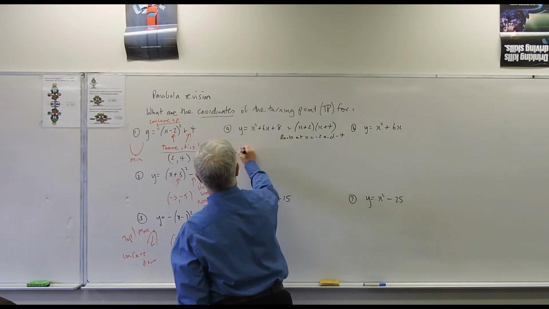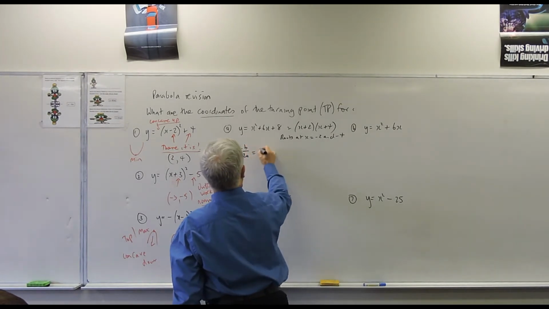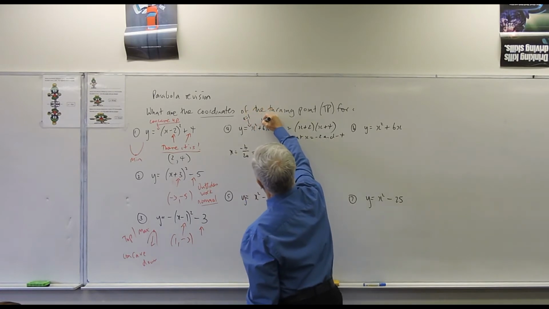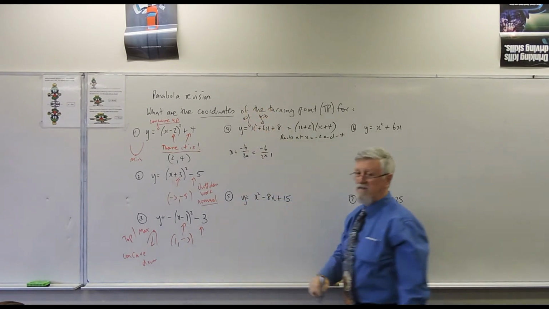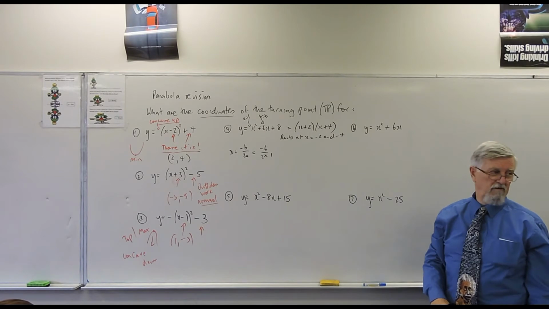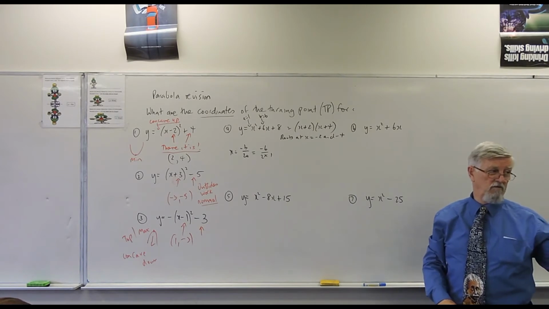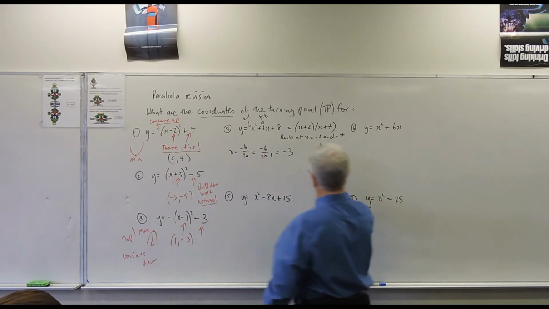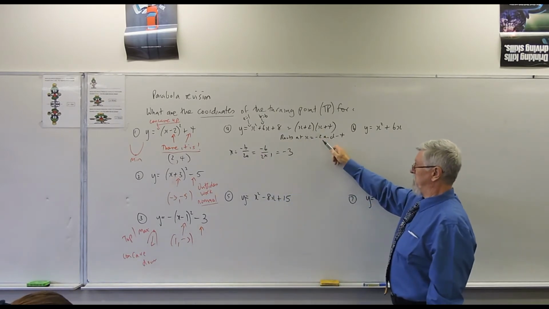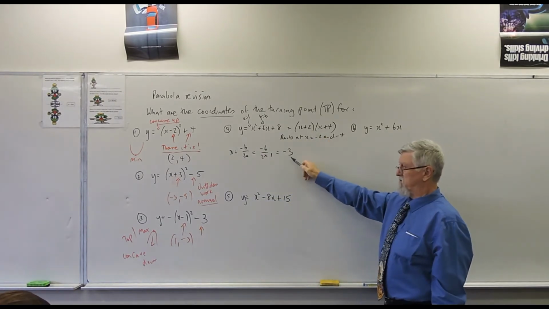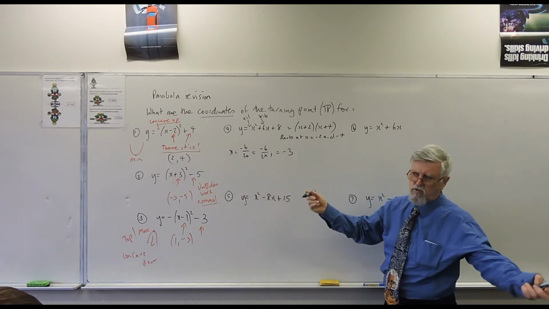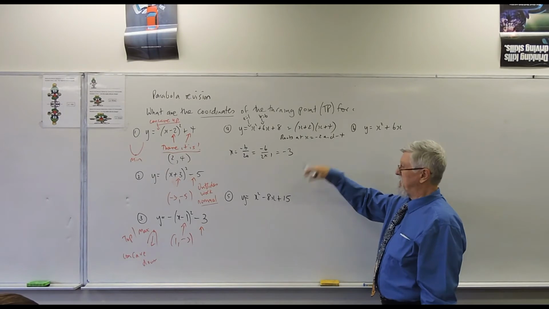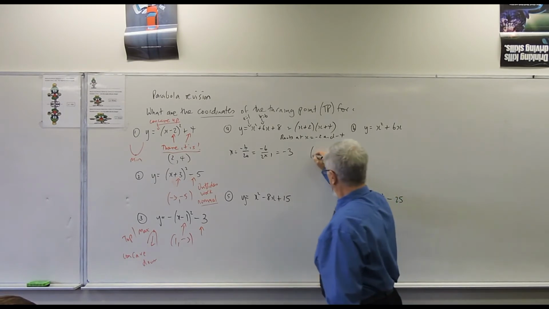You'd go X is -b on 2a. -6 on 2 times 1, so there's your a equals 1, and there's your b equals 6, just in case. And what have we got? -6 on 2, which is just -3. So what was halfway between -2 and -4? -3. Oh, you think formula. So which way does your brain operate? Some of you will think that way, some of you will think that way. So we now know it's -3.